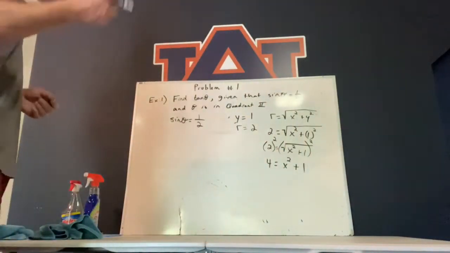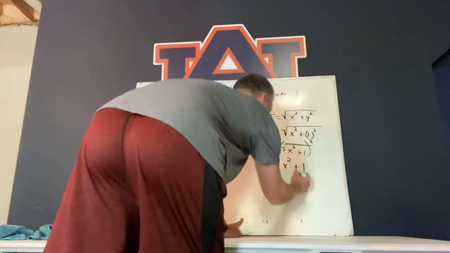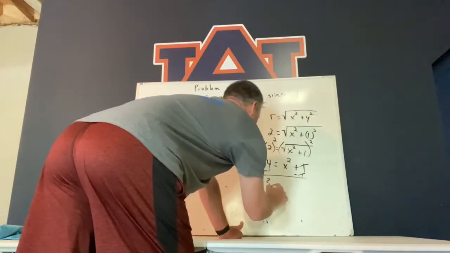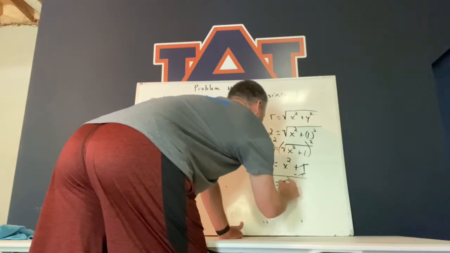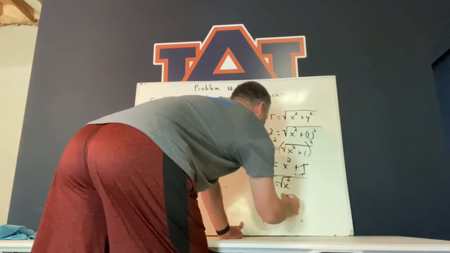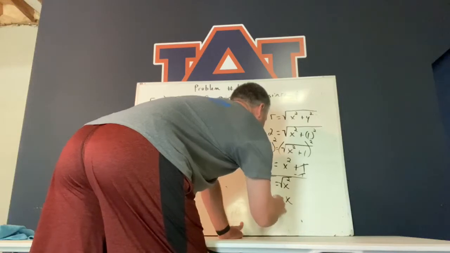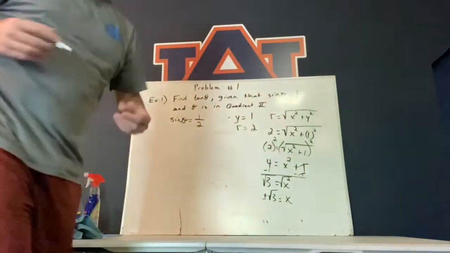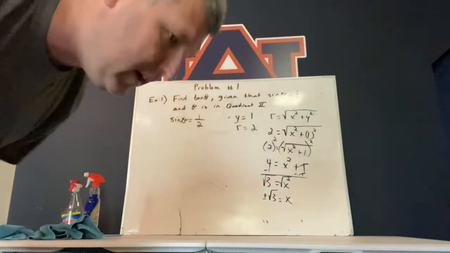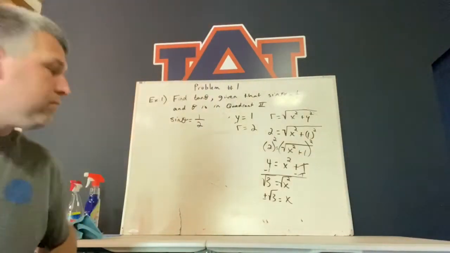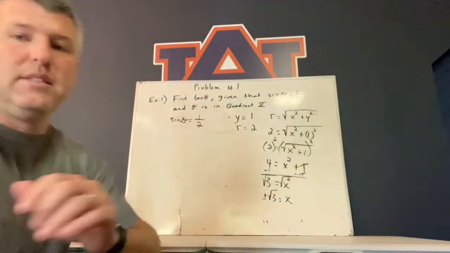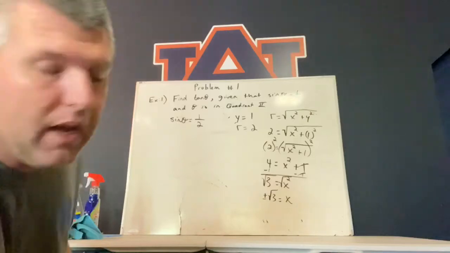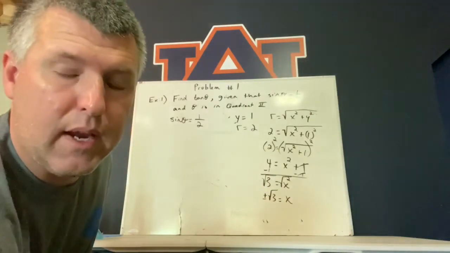Okay? Now, subtract 1 from both sides, and we get 3 is equal to x squared. Now we take the square root of both sides, and we get x is equal to plus or minus the square root of 3. Now, we have to determine right now what x is equal to. Is it positive square root of 3 or negative square root of 3, okay?